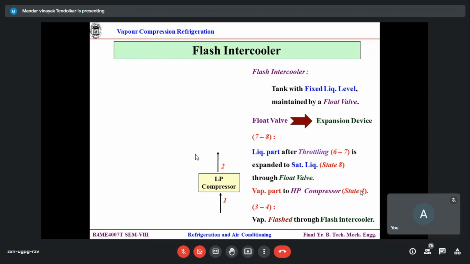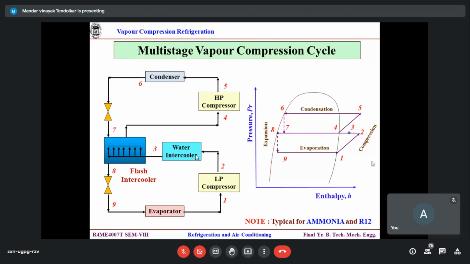So the energy balance, if you try to write it down, is 7 to 8 liquid cooling plus 3 to 4 gas cooling equals 7 to 4 vapor heating. 7 to 8 liquid cooling, 3 to 4 gas cooling is equal to 7 to 4 gas heating. Are you clear? Any doubt to anyone? Yes.